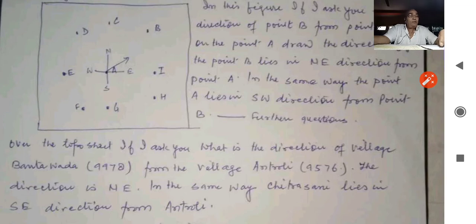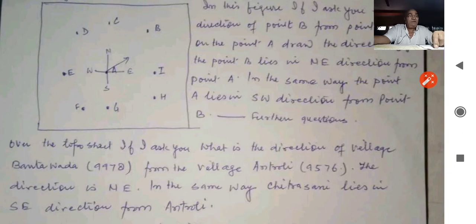Further, from any point, you can find out the direction. You can take the example of point I. What will be the direction of point I from point A? The direction of point I will be east from point A, and the direction of point E from point A will be west.